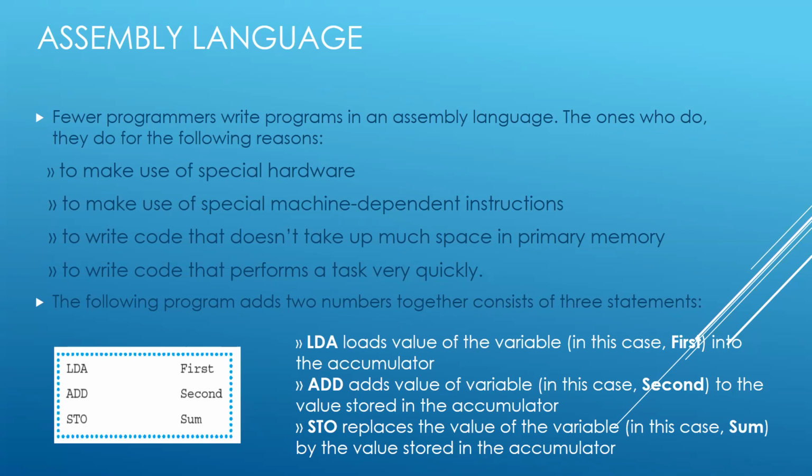LDA will store the value 5 from the variable first, and the next variable is second, and ADD will add up the two values. 5 and 3 will be added, and the value will be stored back in the accumulator.